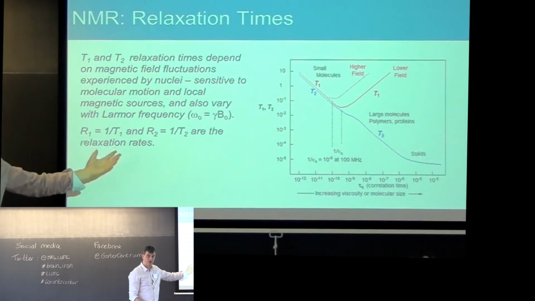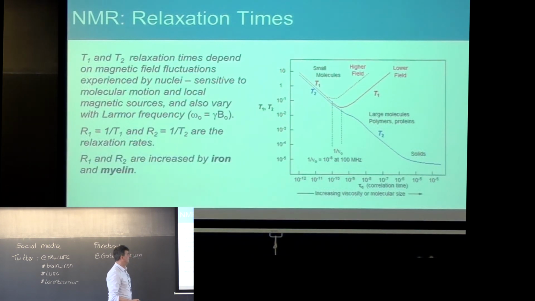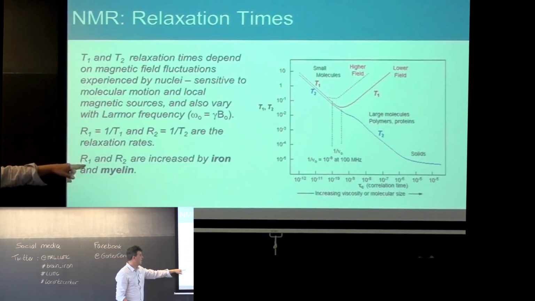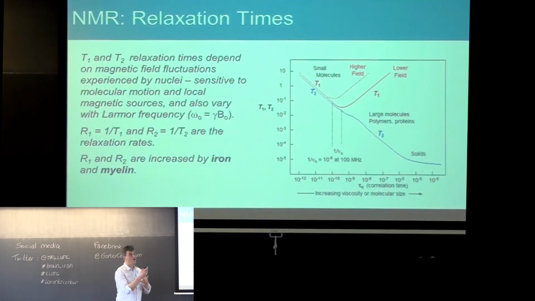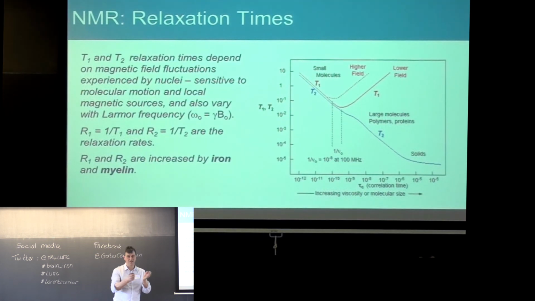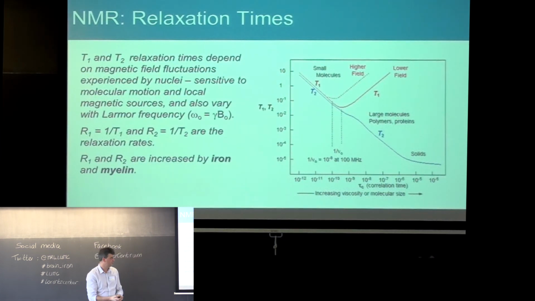So we often interchangeably talk about R1 and R2, they're just rates as opposed to times. R1 is 1 over T1, R2 is 1 over T2, and in the context of this meeting, R1 and R2 are generally increased by the presence of iron and myelin. With iron, as we'll come to see, there's a source of magnetic perturbation because it has strong magnetic properties.